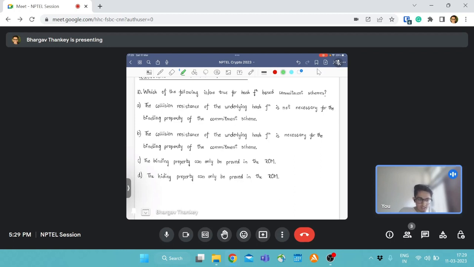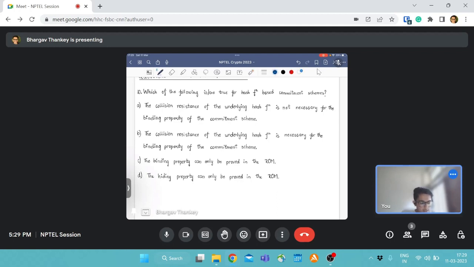So the question is, which of the following is or are true for hash function based commitment schemes? We saw these commitment schemes in the class. Option A is the collision resistance of the underlying hash function is not necessary for the binding property of the commitment scheme. Here by the underlying hash function, I mean your random oracle or something like that.